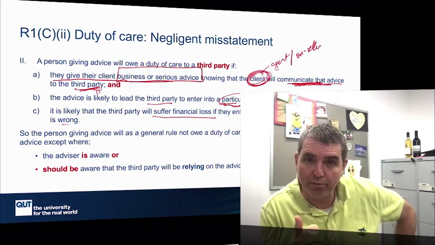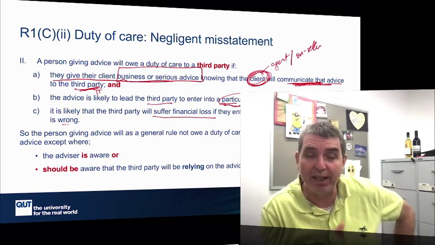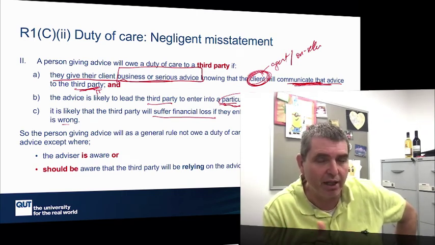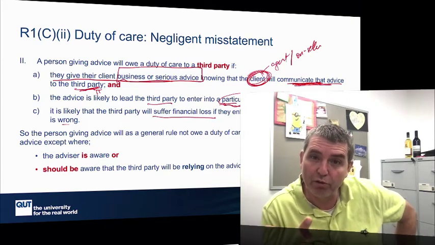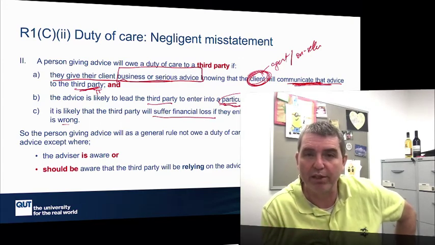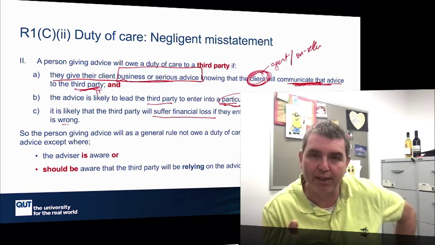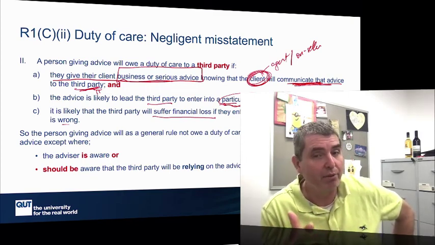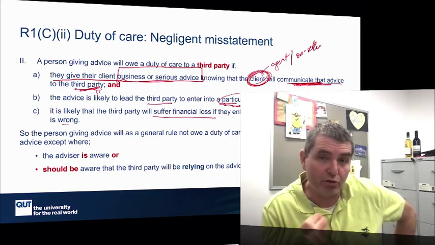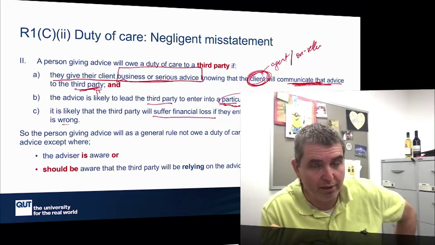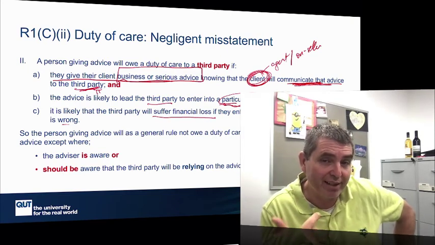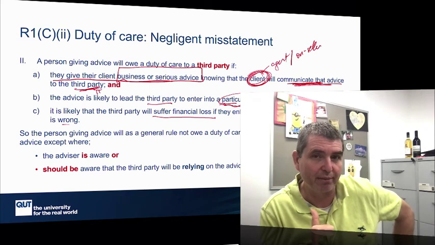For a general act or omission, it's going to either be an established category, so there's already been a case that establishes this kind of person owes this kind of person a duty of care, or we're going to use the test of reasonable foreseeability and salient features of the case. Okay. If it's negligent misstatement, then we need to think, is it direct advice? And we use the direct advice test, or is it indirect advice? And we use that second test for negligent misstatement there.